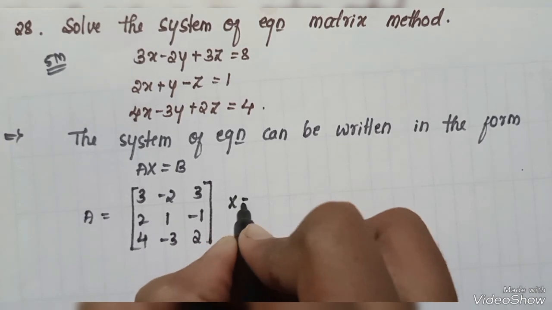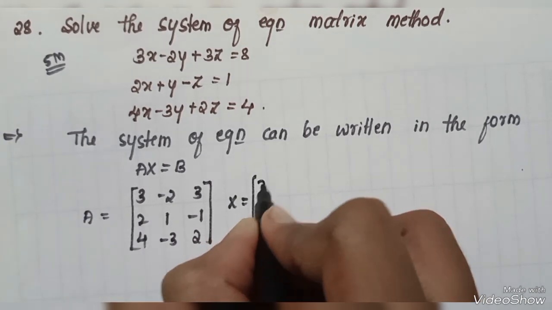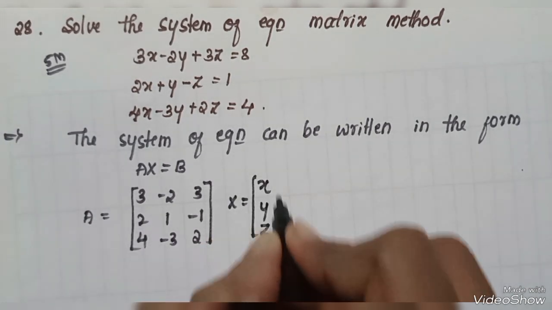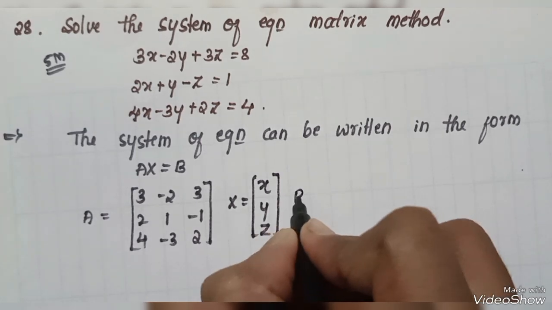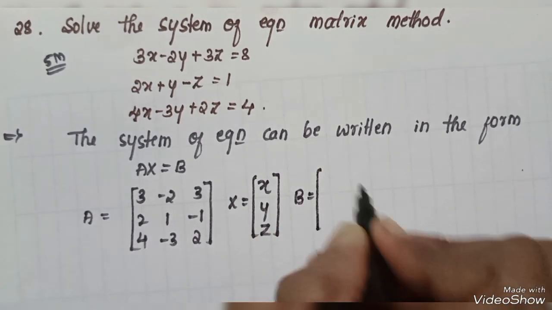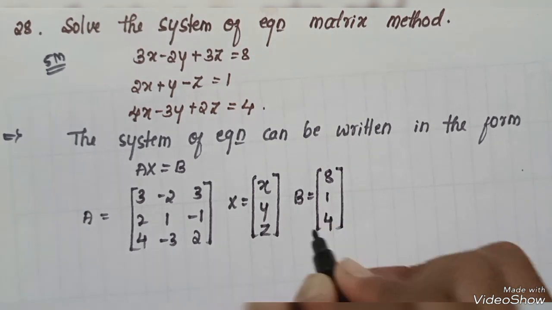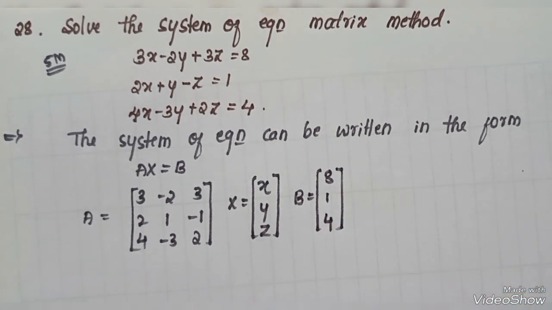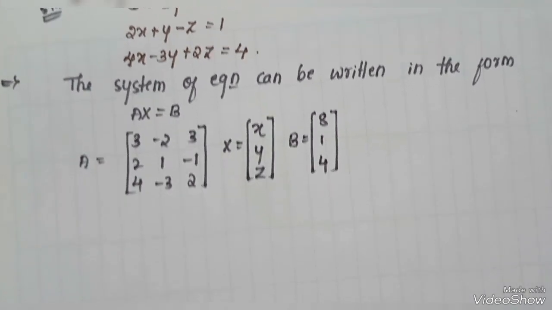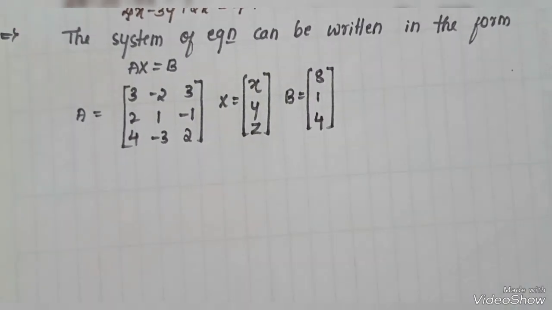And X matrix containing the variables x, y, z. Then B matrix containing the elements 8, 1, 4. This is the system of equations. Okay, the first step is completed. The system of equations can be written in the form AX = B.